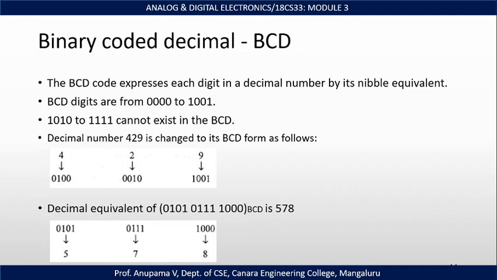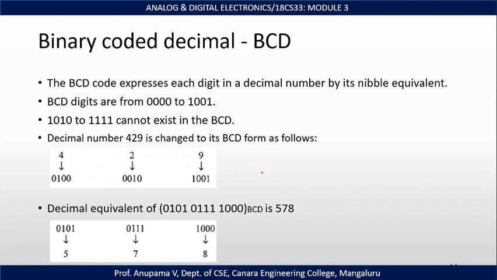As I told, each digit in BCD or decimal is represented by its nibble equivalent, that is 4 bits. 4 can be written as 0100. 2 can be written as 0010. 9 can be written as 1001.